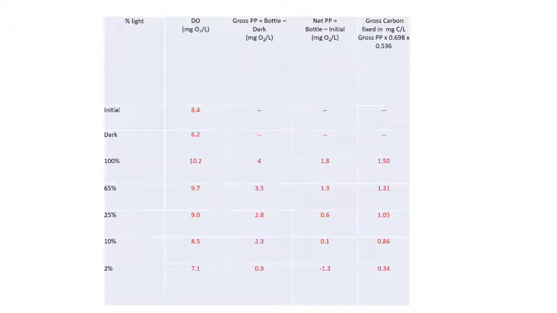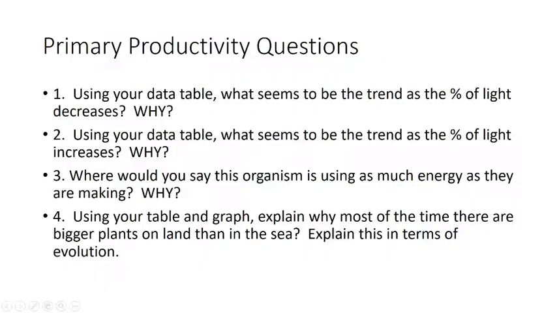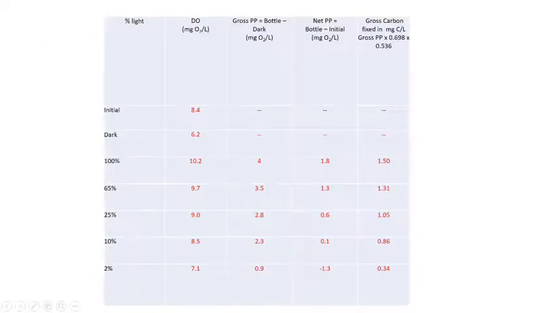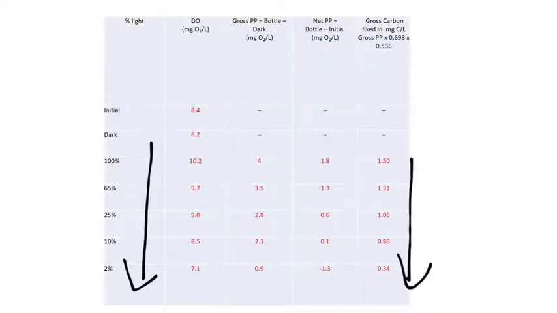So notice as the percent of light decreases, as we go down, the amount of dissolved oxygen in the water decreases, the gross primary productivity decreases, the gross amount of carbon fixed decreases.